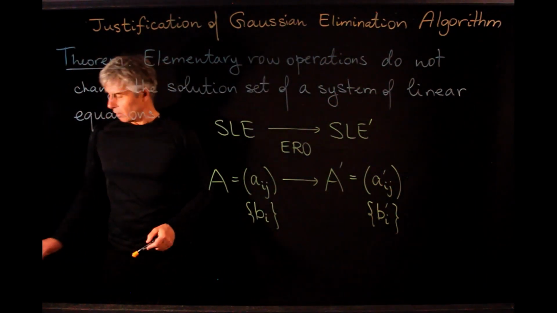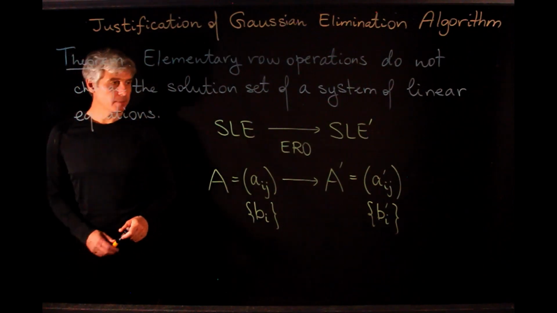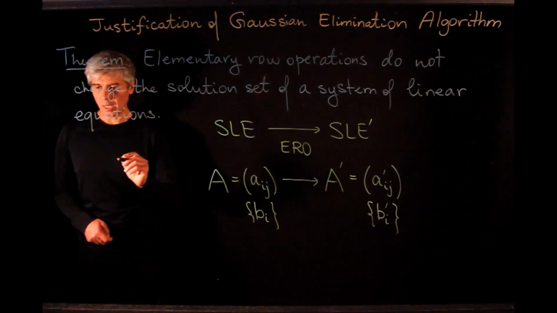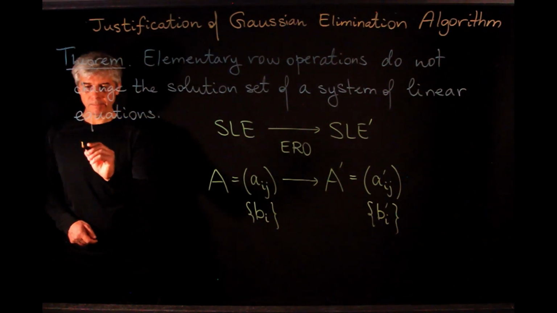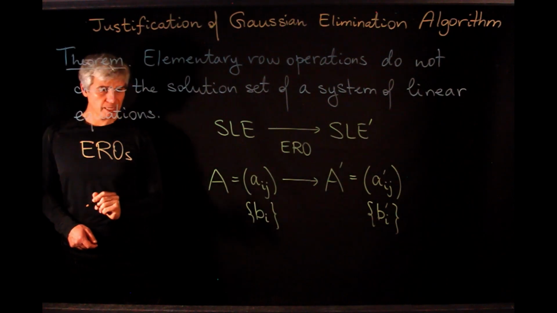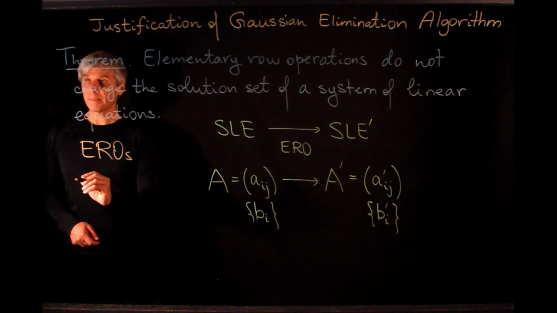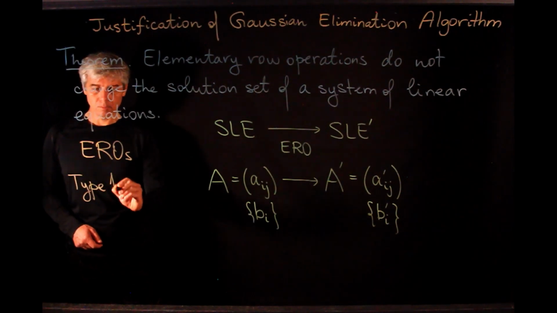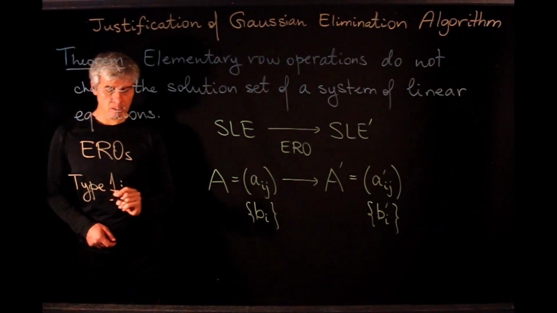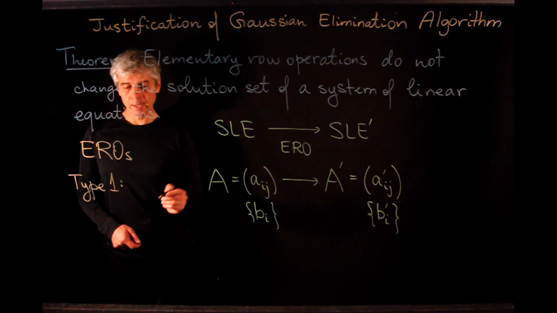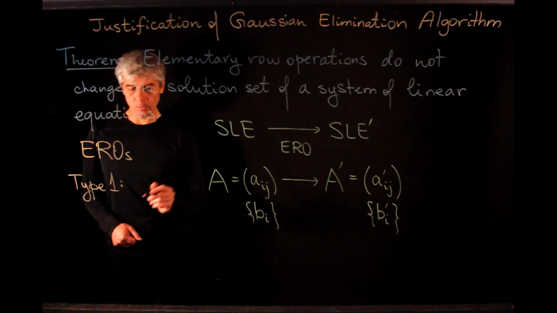All right, we have three types of elementary row operations. Let's recall them. Type 1 is when we add to one row a multiple of another row.